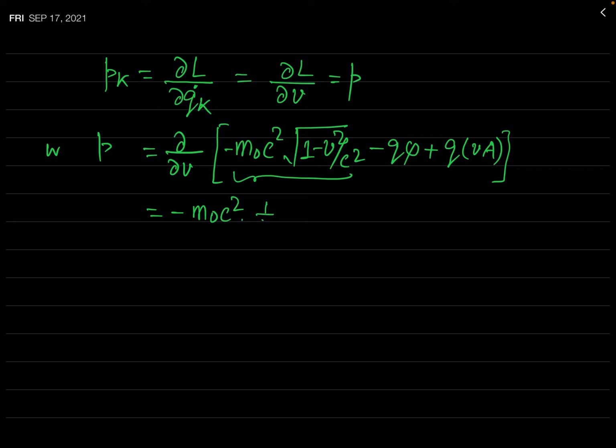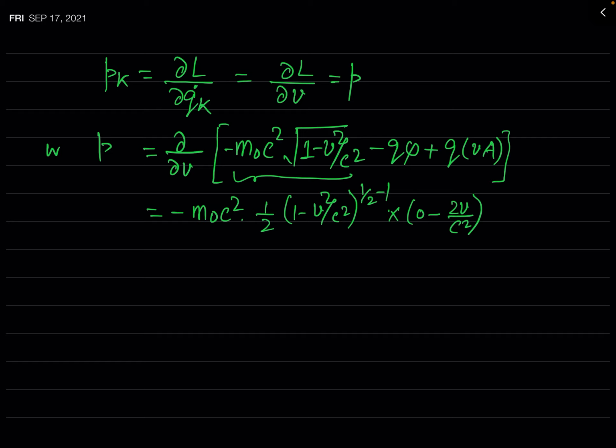So this will be 1 over 2 times 1 minus v square by c square to the power 1 by 2 minus 1. And now we differentiate 1 minus v square by c square with respect to v. Since 1 is constant, this will be 0, and that of v square will be 2v, so this is 2v by c square.